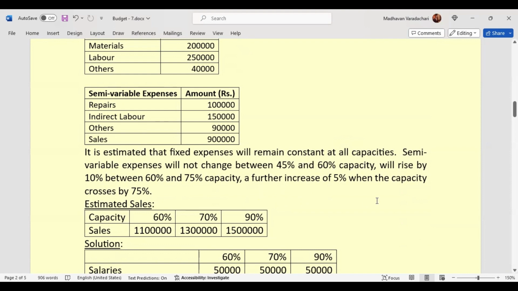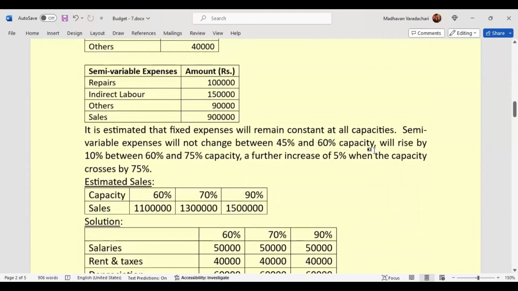A further increase of 5% when the capacity crosses 75%. Then estimated sales is given as 11 lakhs when the capacity is 60%, 13 lakhs if the capacity is 70%, 15 lakhs when the capacity is 90%. Let us proceed with the solution.